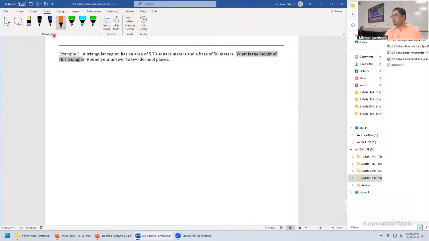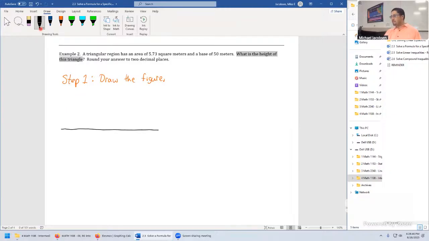So for problem-solving strategy, let's write down step one. Draw the figure. We could have said draw the triangle, but it could have been a rectangle, could have been a circle, and so on. So the figure here is going to be a triangle with a really long base.